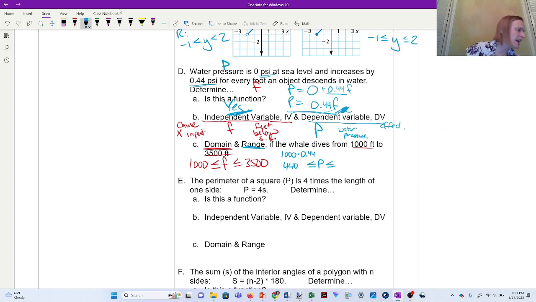And then on the high end, I'm going to have 3,500 times 0.44 again. And on the high end, the highest value would be 1,540. And this is all PSI. These ones were all feet. So I have a domain between 1,000 and 3,500 feet, and I have a range of 440 to 1,540 PSI.